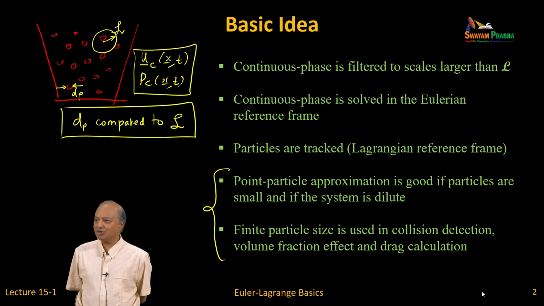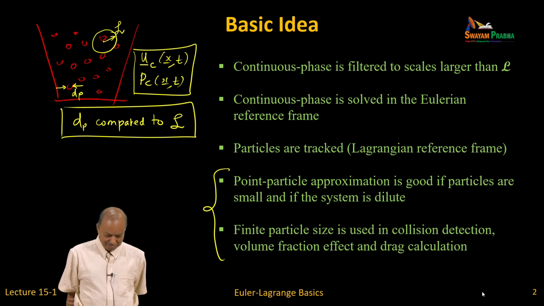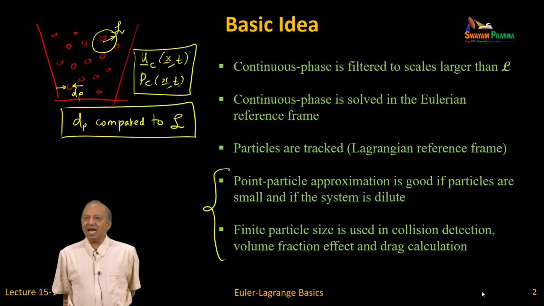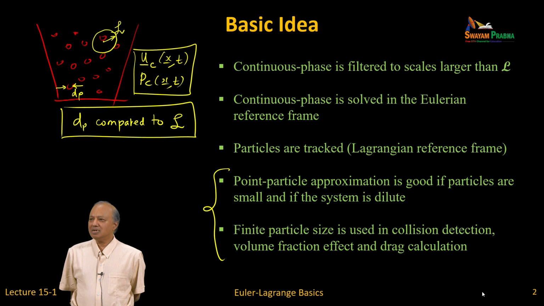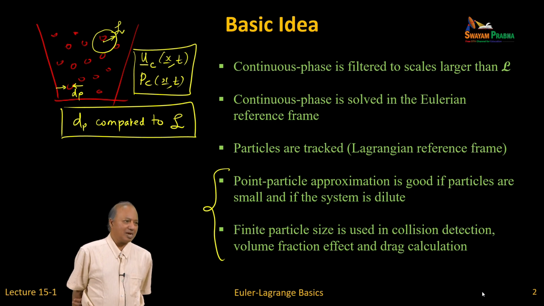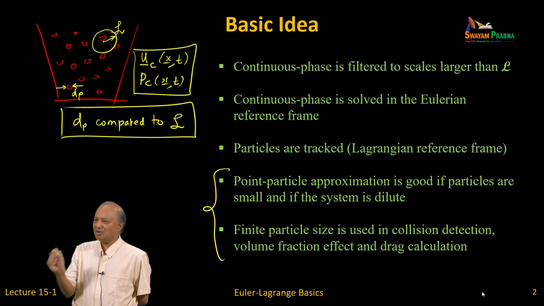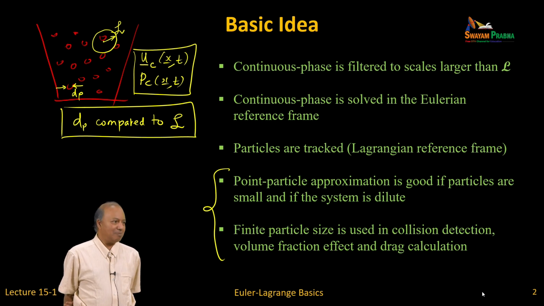The answer that you're getting is only the filtered velocity. That's what you're solving for. And that filter size is, I would say, maybe 2 times your grid size. Typically it's a little more than your grid size. That is the implicit filter.